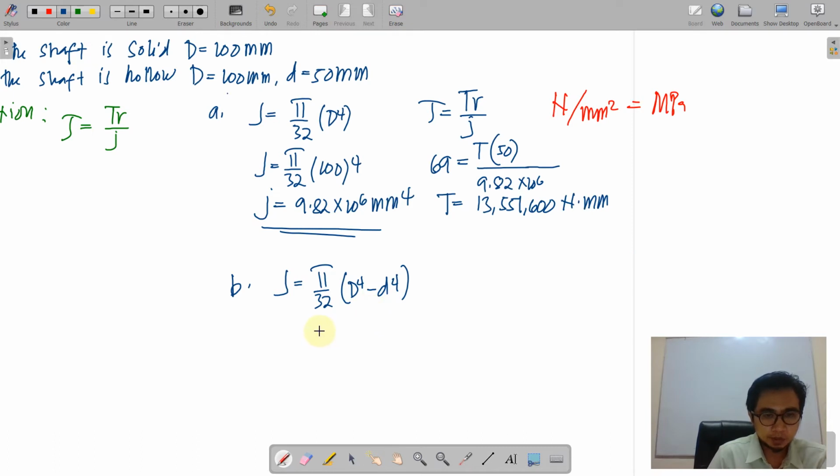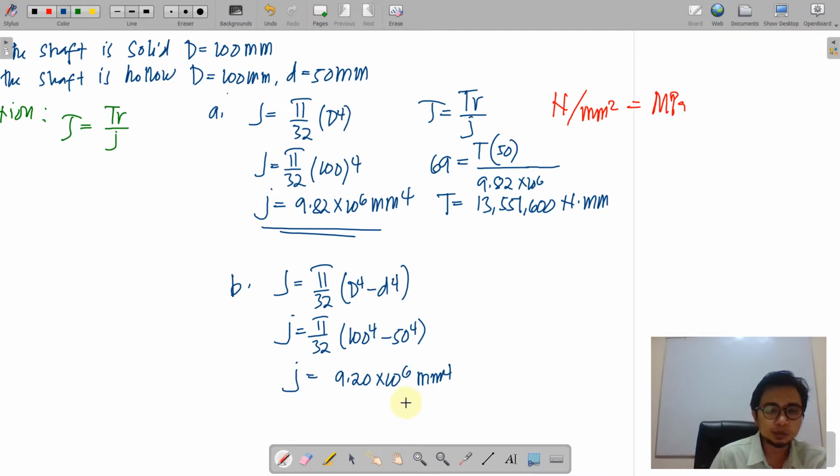Next, for letter B, we'll just apply the formula for a hollow shaft, wherein we'll just deduct the inner diameter of the shaft. So we have 100 raised to 4 minus 50 raised to 4 times pi all over 32. We have 9.2 times 10 raised to 6 millimeters raised to 4.